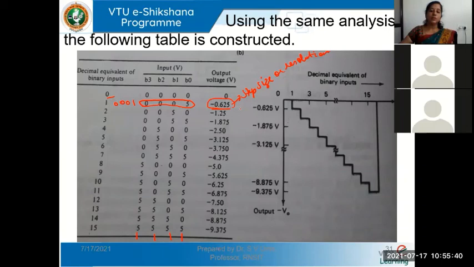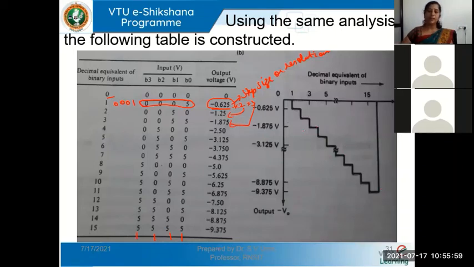So this into 2, I'll get the second value. This into 3, I'll get the third value, so on. It should follow in multiples of the basic step size. And since we are getting negative output, you will see the staircase moving downwards.